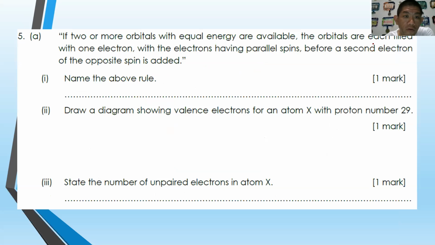Then we continue with question number 5. If 2 or more orbitals with equal energy are available, the orbitals are each filled with 1 electron, with the electrons having parallel spin, before a second electron of the opposite spin is added. So name the above rule. So this is obviously Hund's rule. So 1 mark for stating that it is Hund's rule, not Pauli exclusion principle.